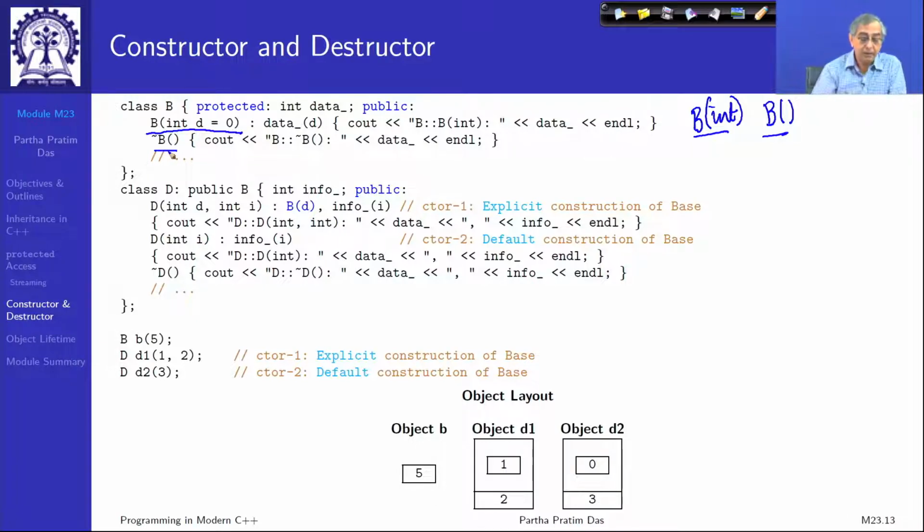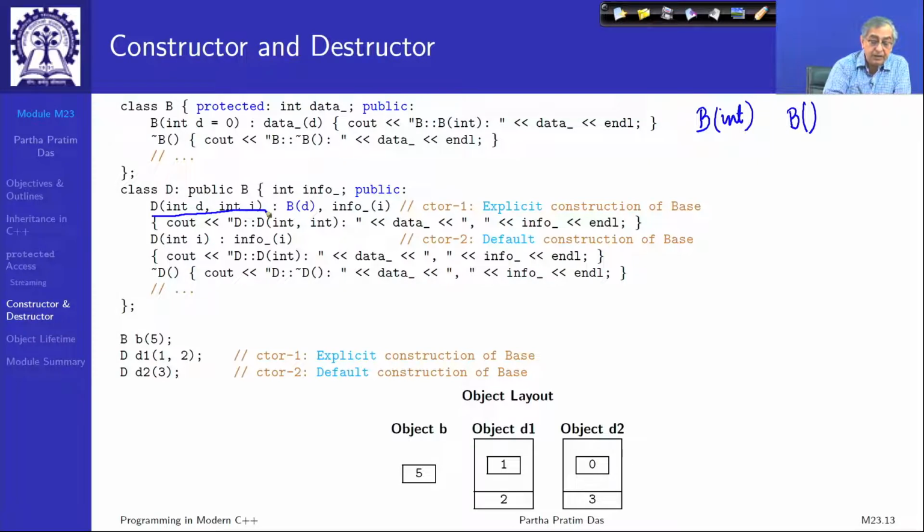Simple scenario. In the class D, derived class of B, I have kept the info in private because it's just single inheritance I am showing. Constructor and destructors are public, so that I can use them. Now, let us look at the constructor. Again I have two constructors in B, B int and B nothing.